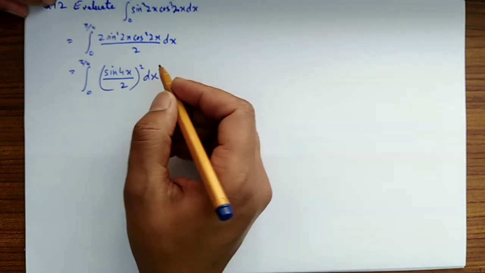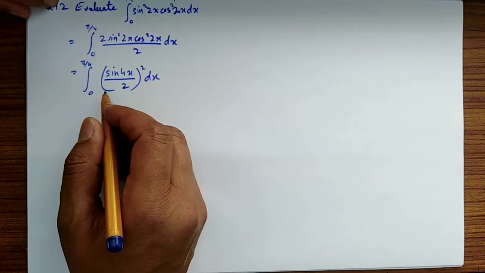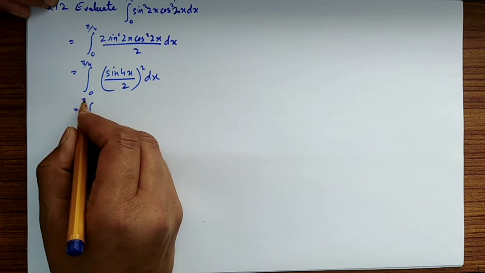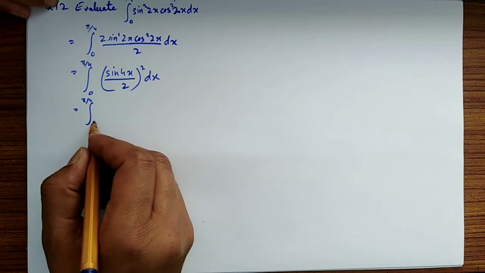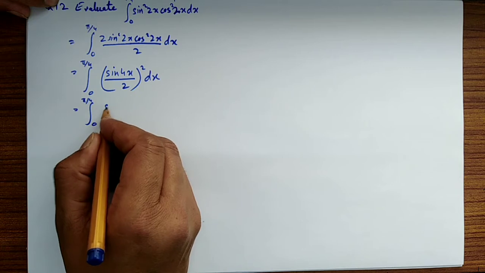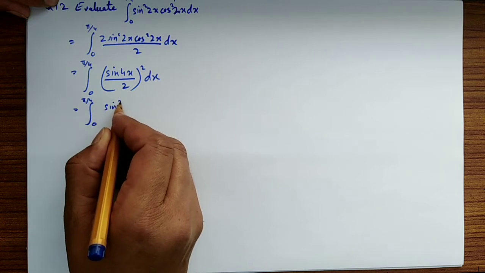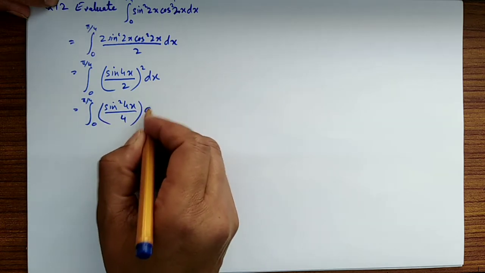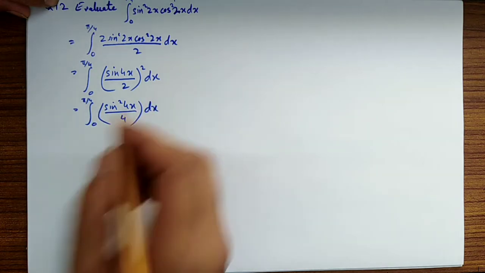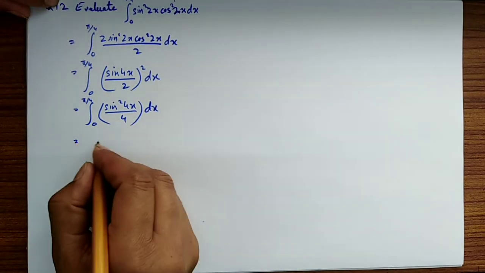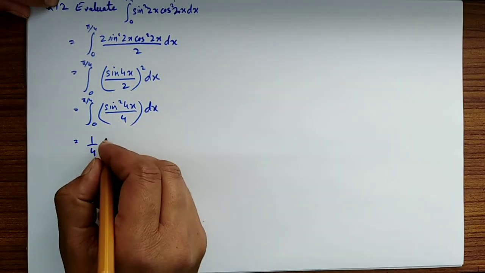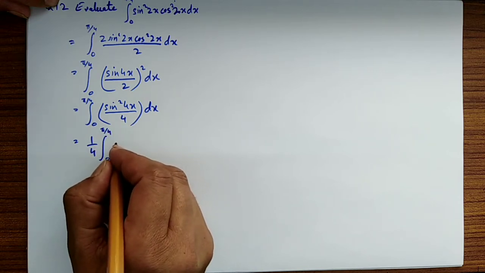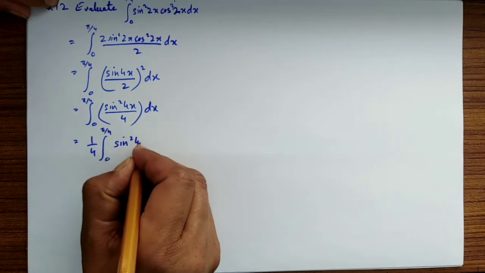And this can be further written, by applying the square inside, as the integral from 0 to pi upon 4 of sine square 4x upon 4 dx. Take this 1 upon 4 outside the integral, and this can be written as sine square 4x dx, right?